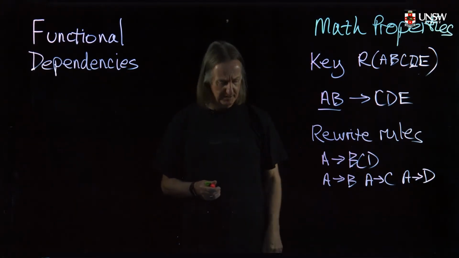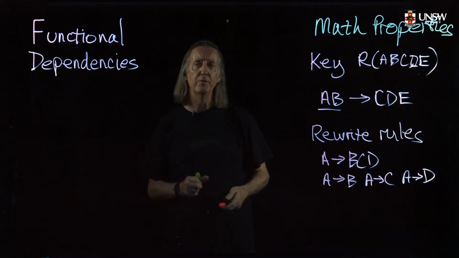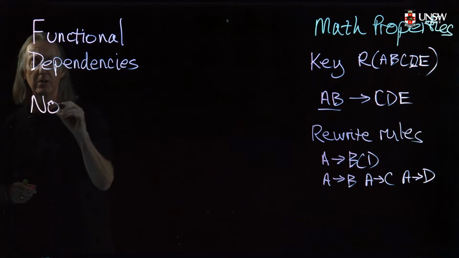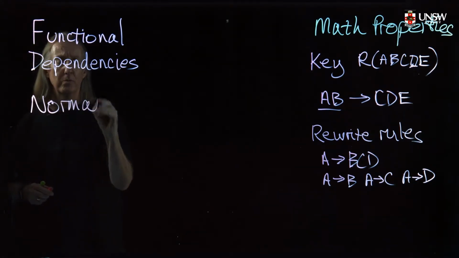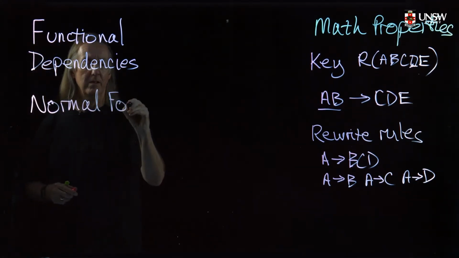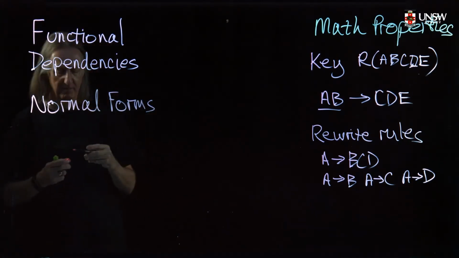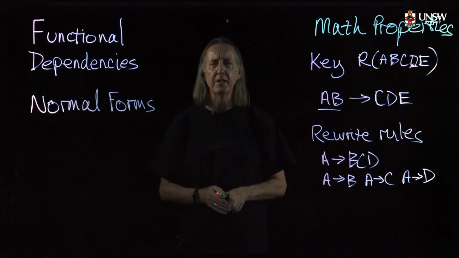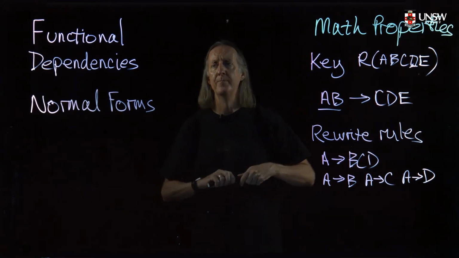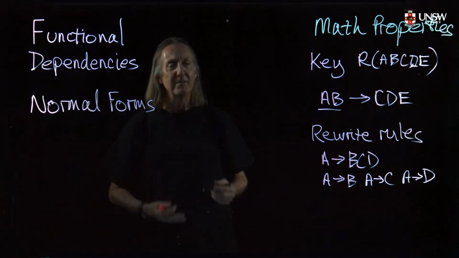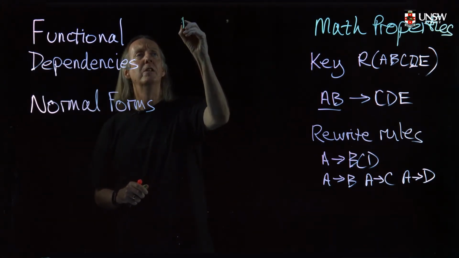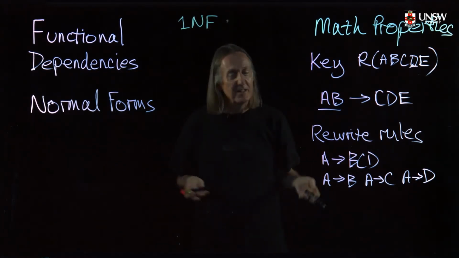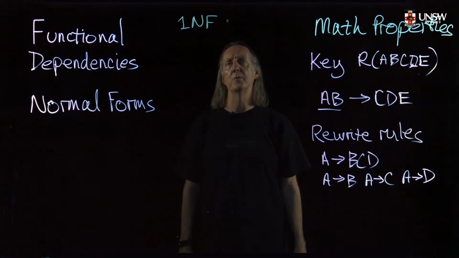Another interesting set of mathematical properties related to functional dependencies is the notion, a very important notion, of normal forms. So normal forms characterize, in some sense, the level of redundancy in a schema. And they come in different levels. So the first level, first normal form, basically gives you no guarantee that the schema doesn't have some redundancy.